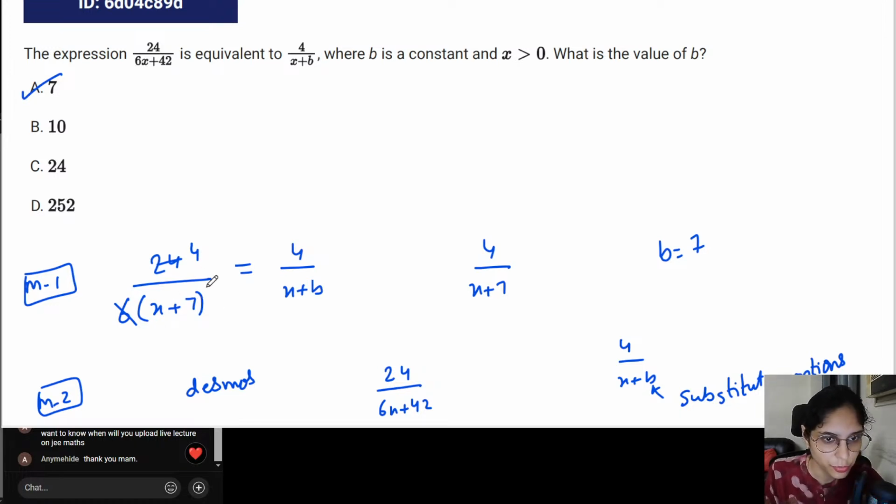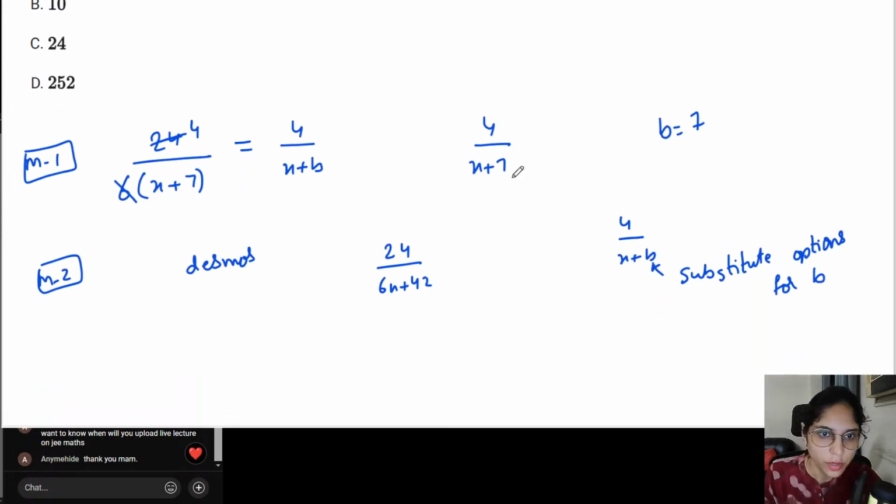24 divided by 6 is 4. You can cancel them. Or because you know you want 4 on the top, you can write 24 as 6 times 4. So then also 4 will be remaining.